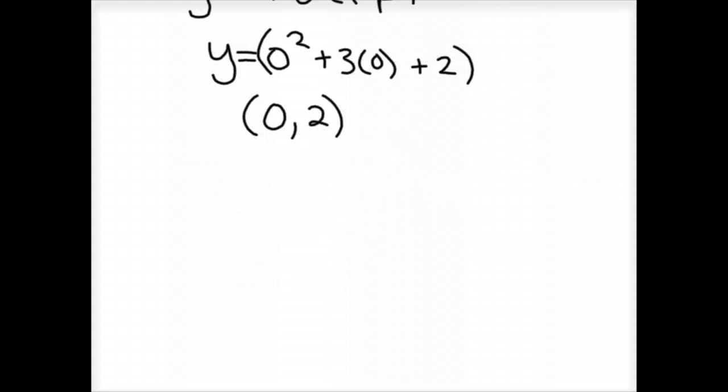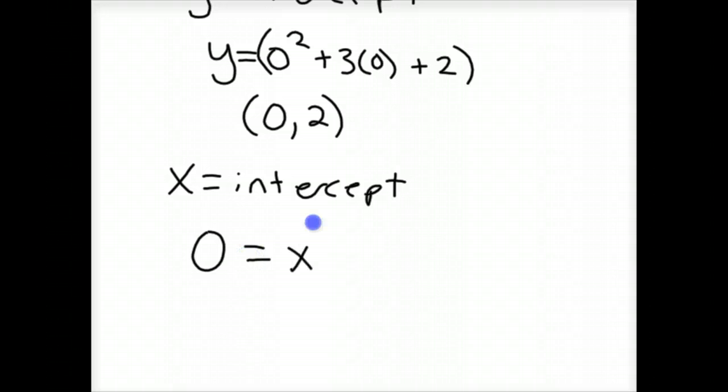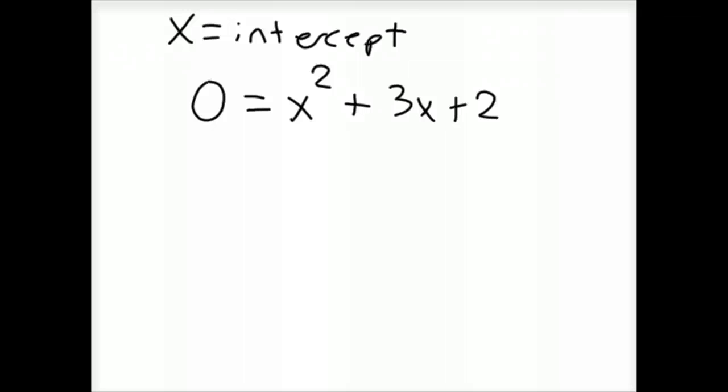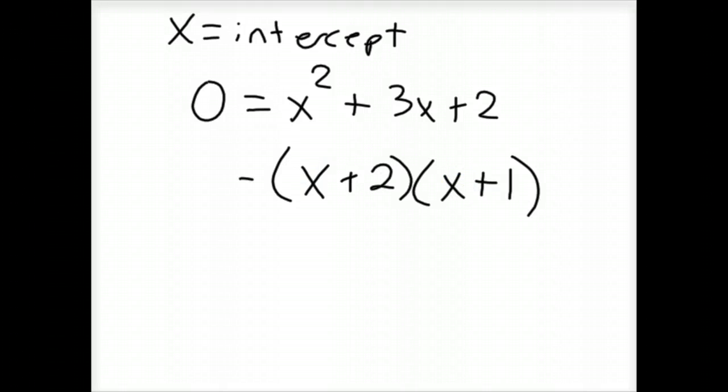Your x-intercept, you let y equal 0. And so 0 equals x squared plus 3x plus 2. And so now this is a quadratic where we could complete the square or use the quadratic formula. I just happen to know that this one factors. And so why beat yourself up? So we're going to use the zero product principle.